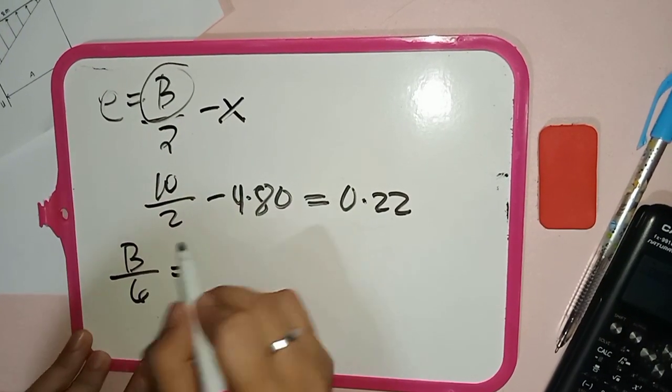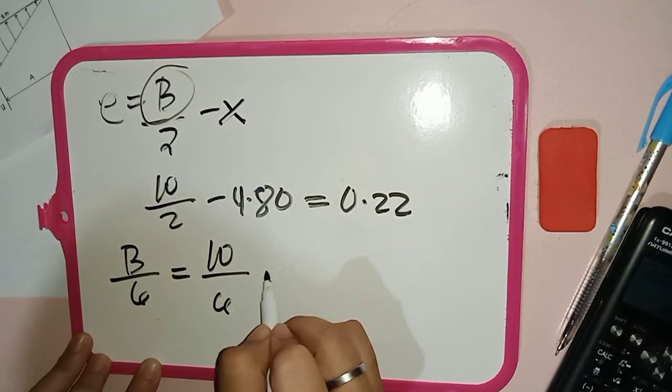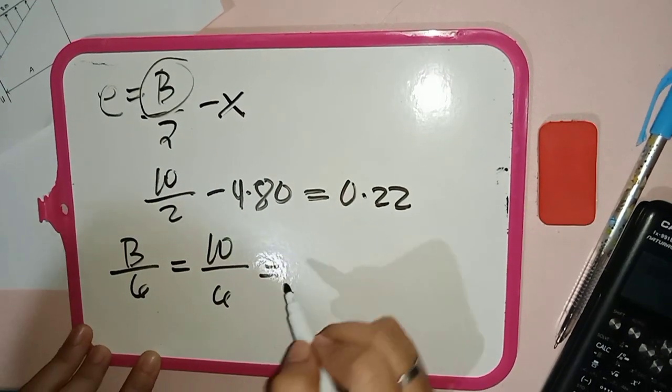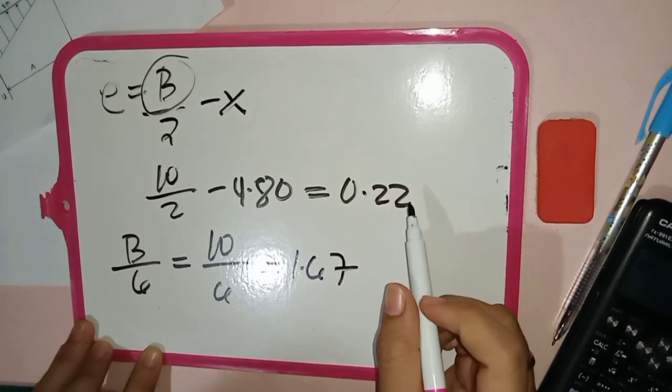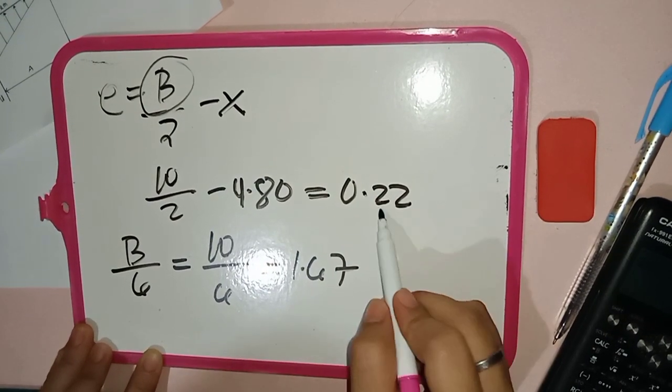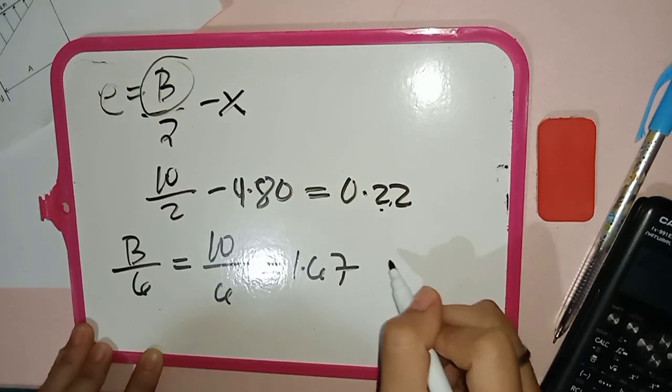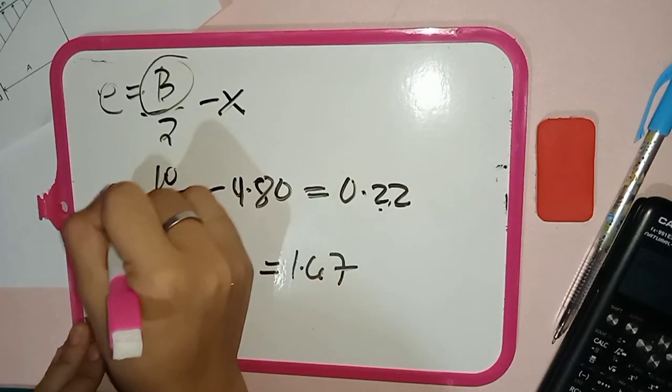So our b is 10 over 6, which equals 1.67.